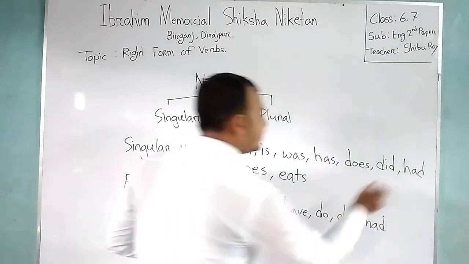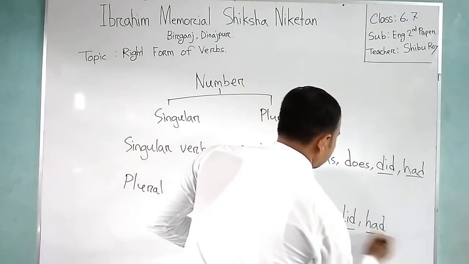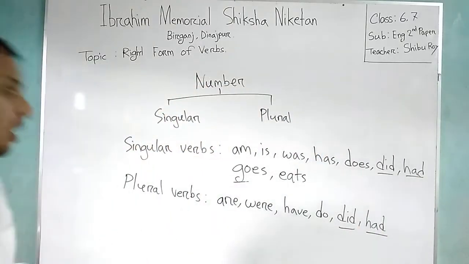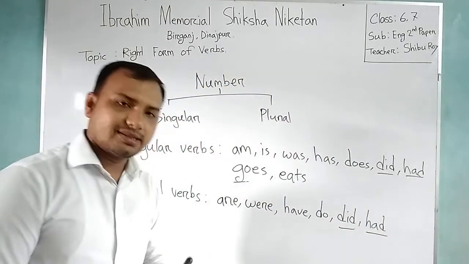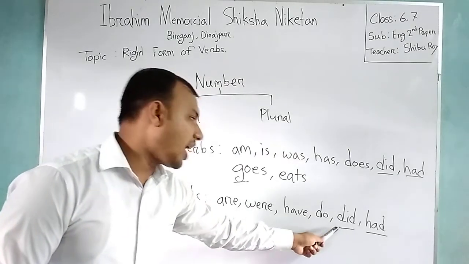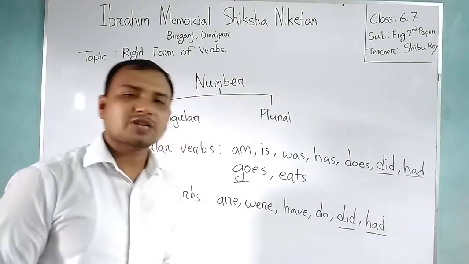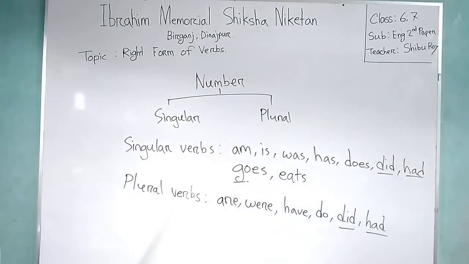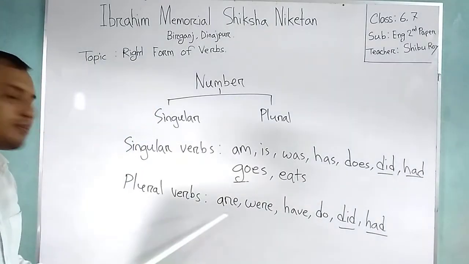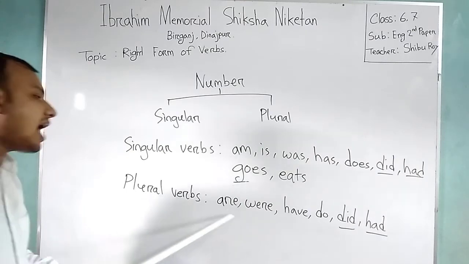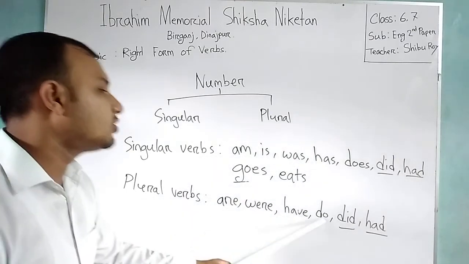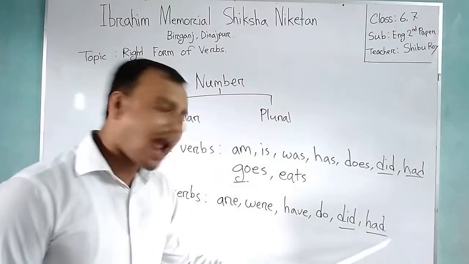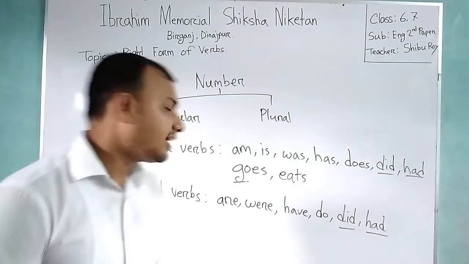You know that did and had are the past form of do and does, and had is the past form of have. You all know it. So you will see that the plural auxiliary verbs are are, were, have, do, did, and had. Hope you understand it.